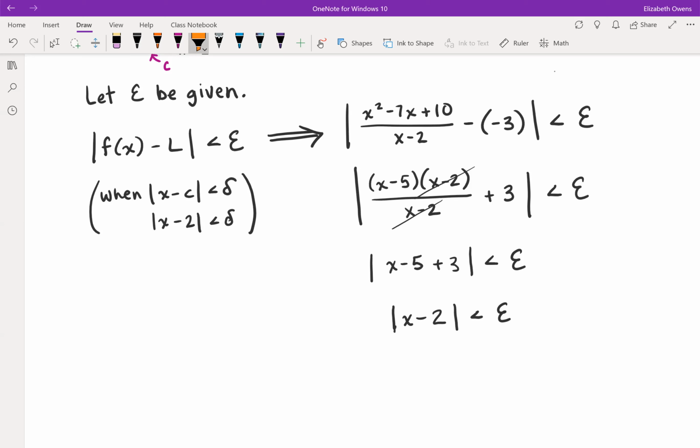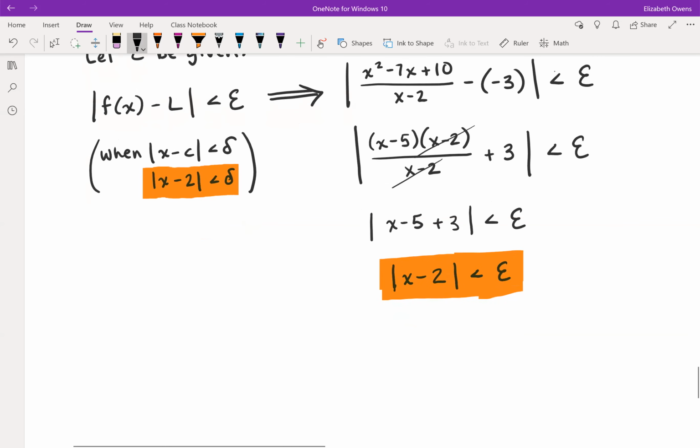We have already come to our absolute value of x minus 2 inequality statement here. So absolute value of x minus 2 is less than delta. Here absolute value of x minus 2 is less than epsilon. This must be delta. So in this case, delta is just going to be the same value as epsilon. Delta and epsilon happen to match in this problem.